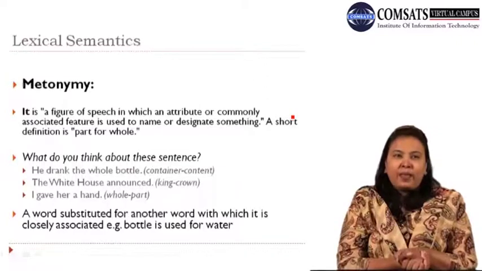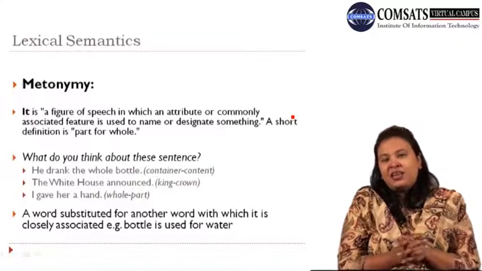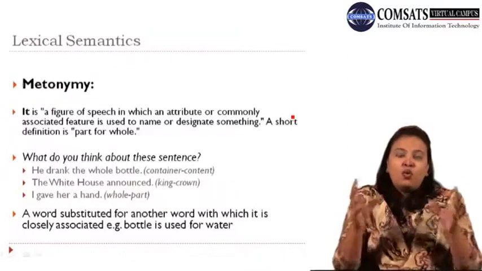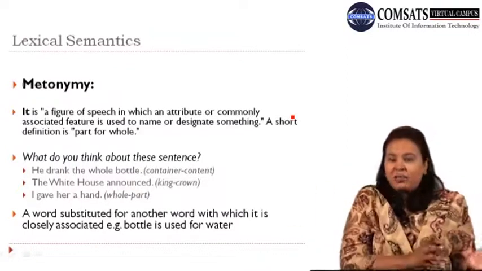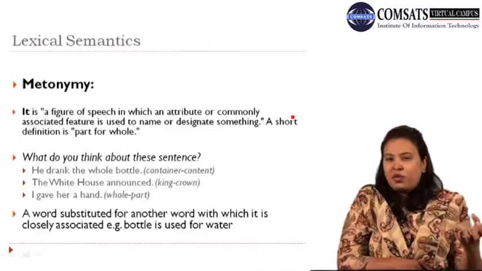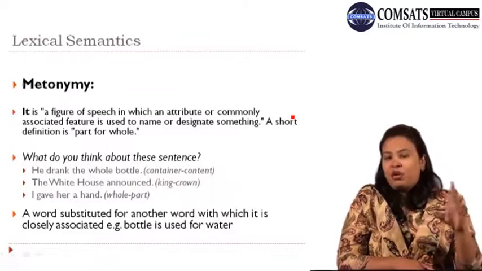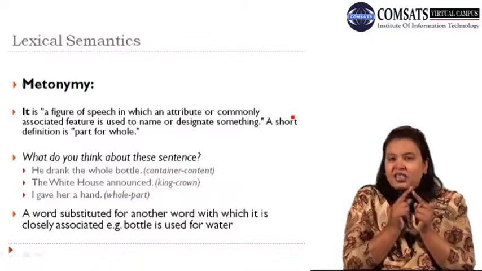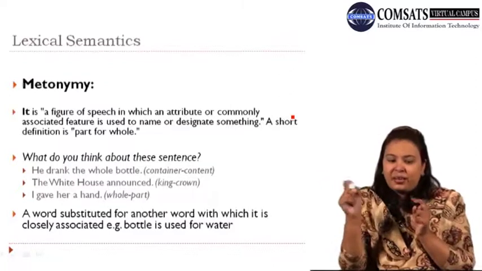Then the Pakistani team lost. Now, Pakistani team lost does not mean that the whole of Pakistan was part of the team and they were playing. Pakistani team lost means the team of 12 members who belong to Pakistan. So this part is representing the whole Pakistan country.